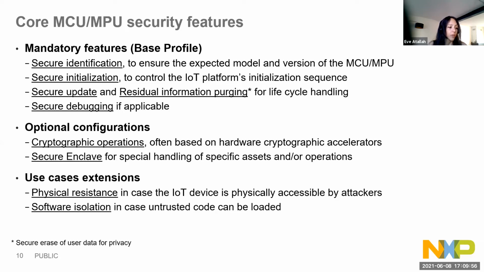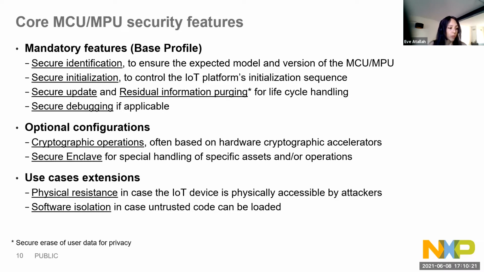Then you have the residual information purging. This one is to provide the final device with the capacity to ensure that no user data will remain in memory. It will typically be needed in case of decommissioning of the device or if it needs to be sent back to the manufacturer, for instance, for investigation.